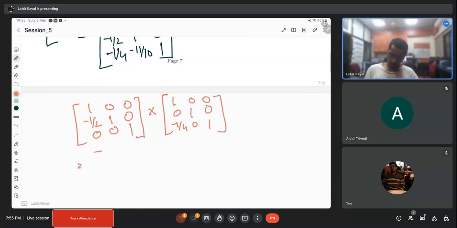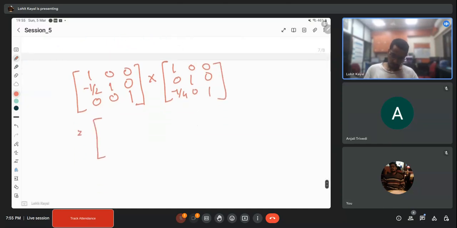Let's multiply. First row first column is 1, first row second column 0, first row third column 0. So this is minus half, 1, 0. The third row will be, not 0, sorry, it will appear as minus 1 by 4, 0, 1.